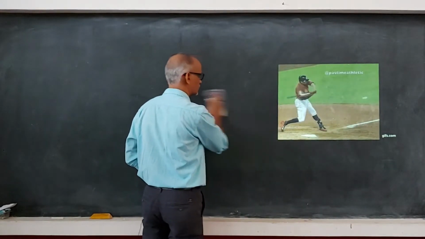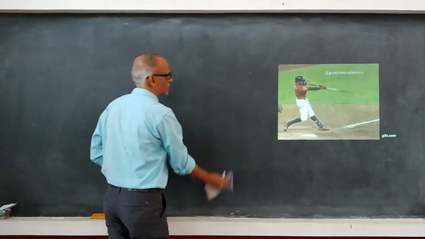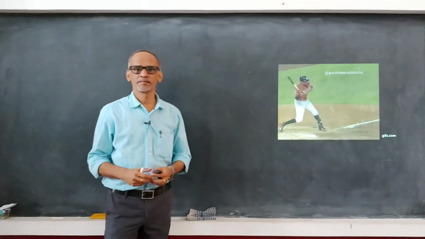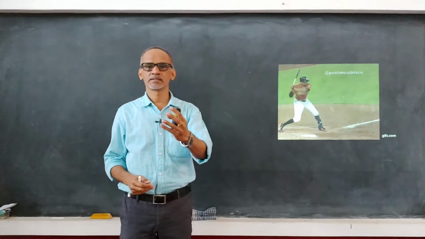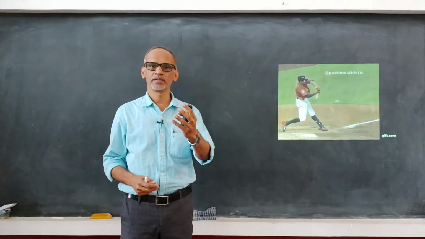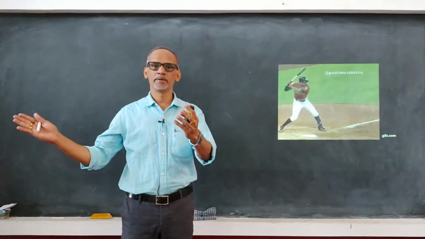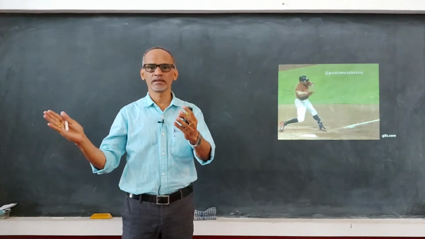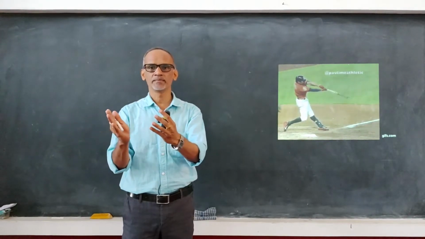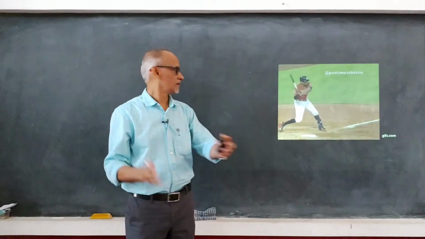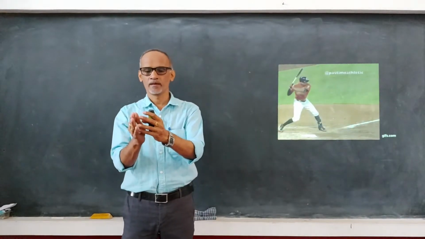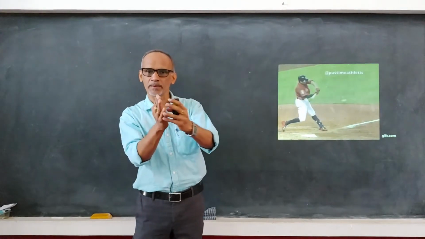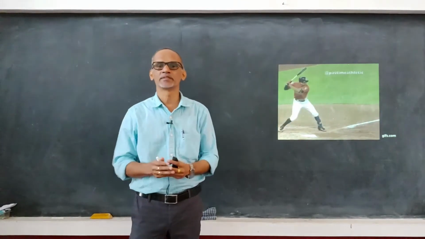One more illustration: this is a baseball, the ball moves in one direction, it has certain momentum before hitting, then the baseball bat moves in another direction, it has a momentum, and once the ball strikes the bat, the ball moves in one direction, and the bat at that instant slightly moves backward.